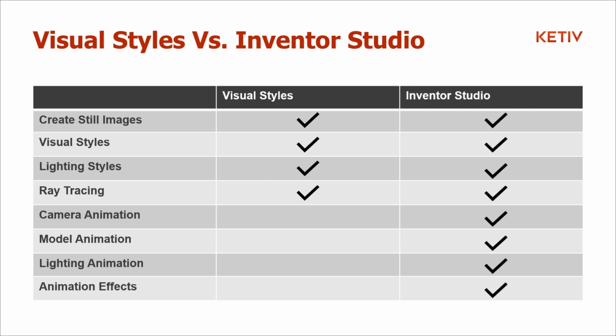Whether that is the camera movement, the model itself moving, or the bike's light in the front flickering on and off, you have that capability inside of Inventor Studio. But what 90% of you came here to see today is the 2D high quality image and setting the scene, a 2D background for that.